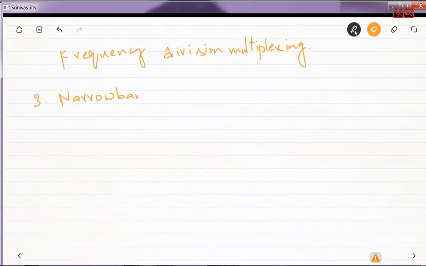If you think about perfect English, this narrow banding term doesn't seem to be a correct word, but technically it makes sense. So let us see what it is.